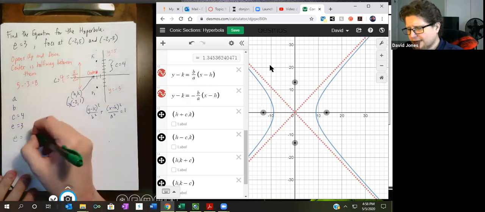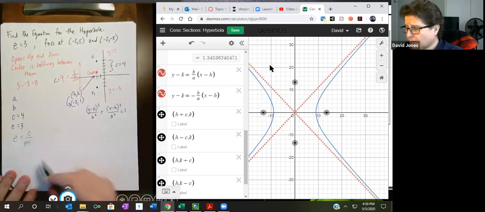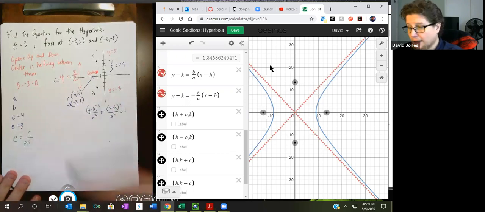E equals C over the positive value. The positive value here has to be B because it's opening up and down.